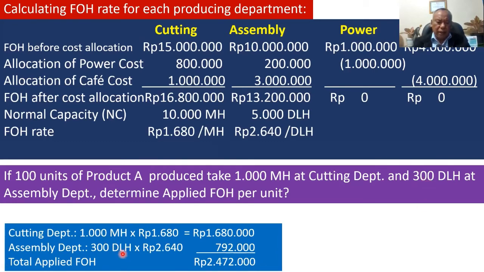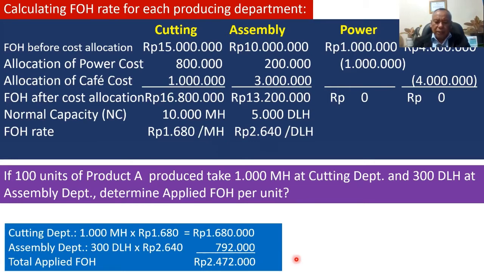And then for assembly, the actual capacity to produce 100 units of product A is 300 direct labor hours. So 300 direct labor hours times the assembly rate 2,640 per direct labor hour. So we find 792,000. So the total applied factory overhead is 2,472,000. And then we can determine the applied factory overhead per unit by dividing by the number of units produced.